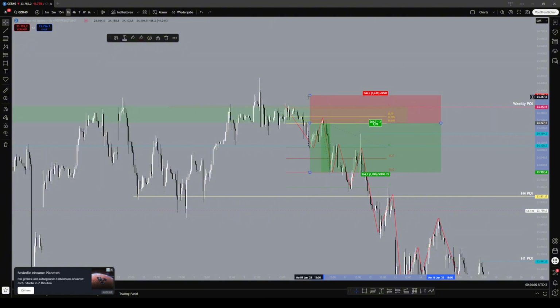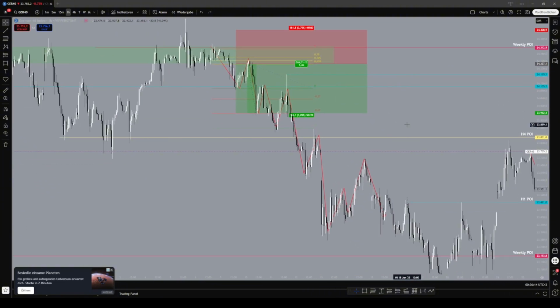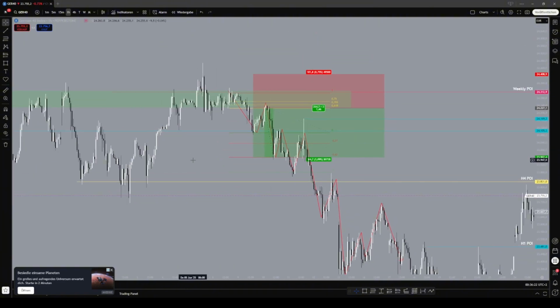That's up to you if you trade with a tighter stop loss or with a wider stop loss. So we will look at some examples in another video, I guess, where we'll use it for a live trade or stuff like that. But for now, I will leave it here.